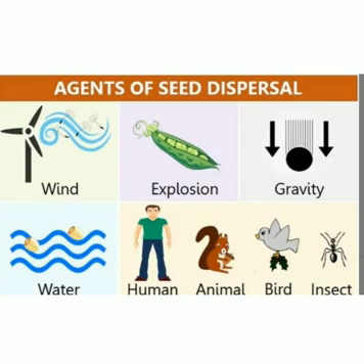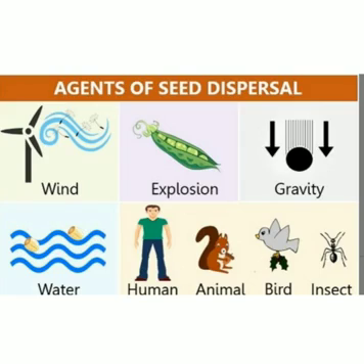Look at the picture. This picture shows the agents of seed dispersal. Next, let us learn seed dispersal by wind. The seeds of the drumstick are dispersed by wind. Look at the picture on page number 139 in your science book.